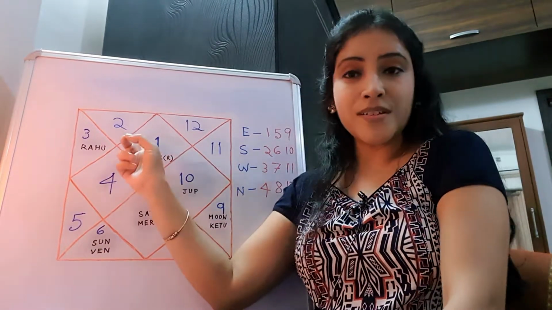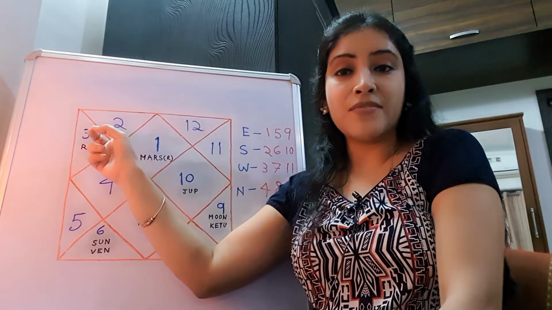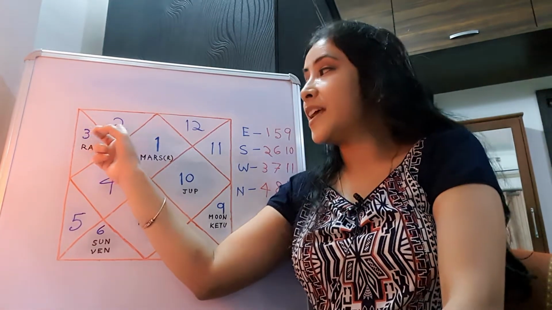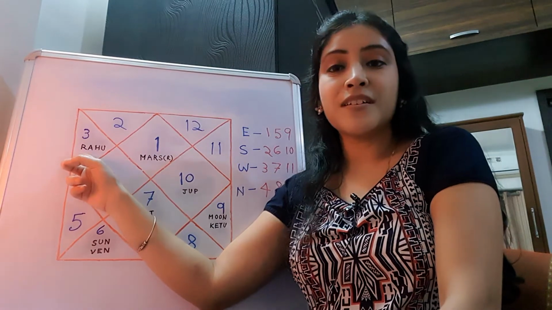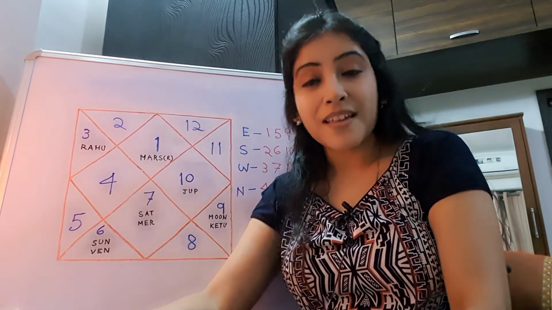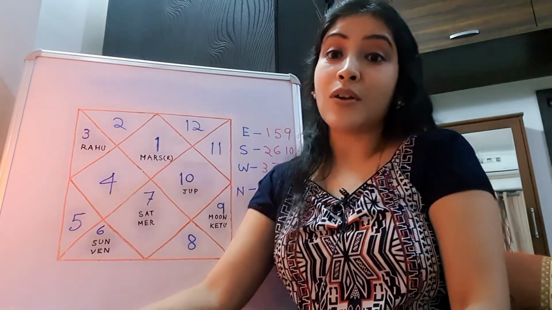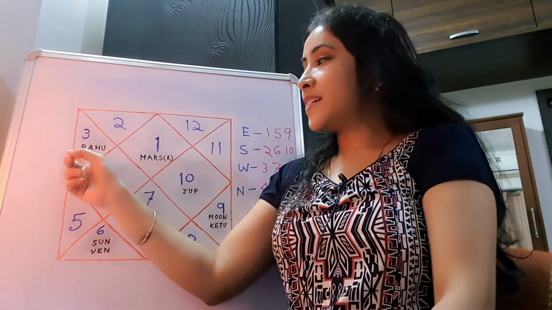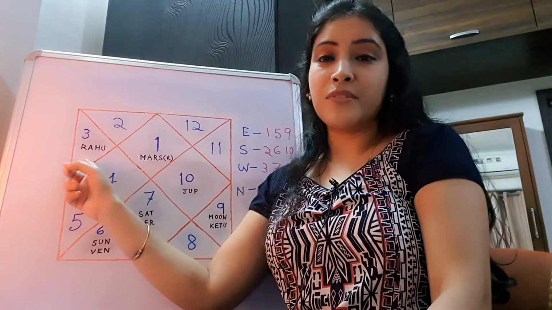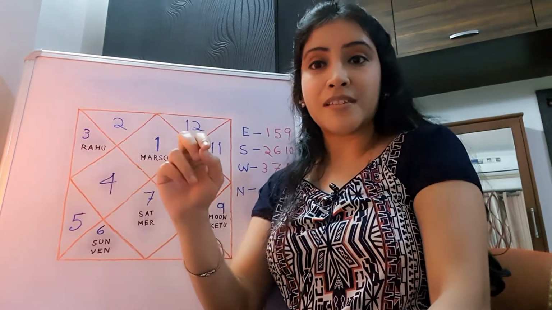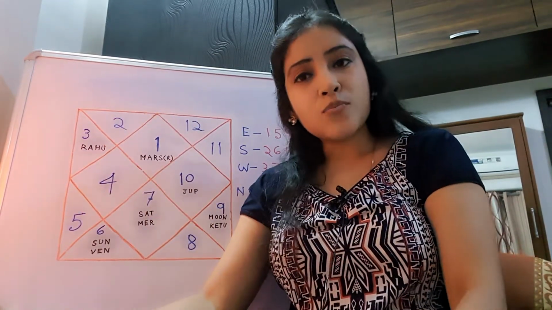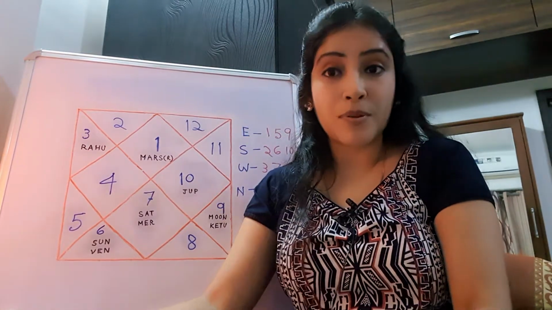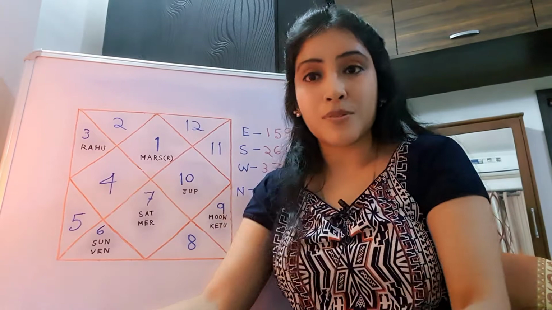Then this is 4 years. Then the native will be 5 years, and Jupiter's transit will reach Taurus. Then Jupiter will reach the sign of Gemini, and at that time the native will be around 6 years of age. Whenever the natal Jupiter transits over Rahu, the native will definitely have some health problem. Rahu gives health problems.